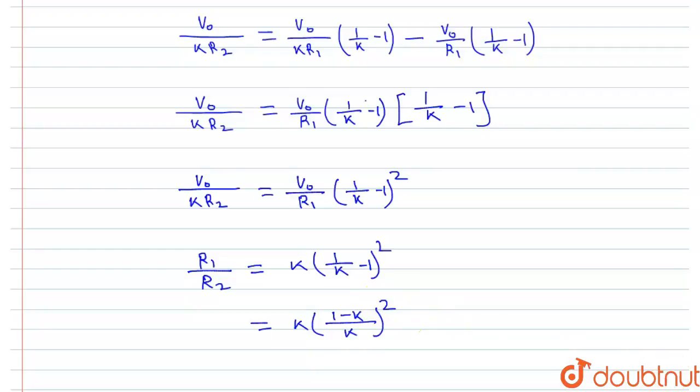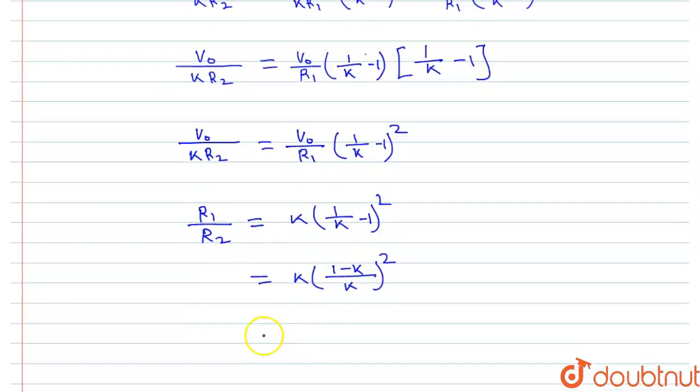Now this is equal to (1 minus K) whole square divided by K. Clear? So this is the R1 and R2 ratio.